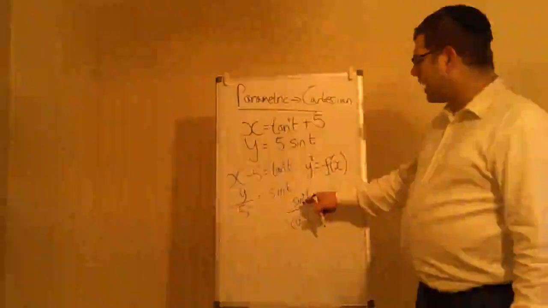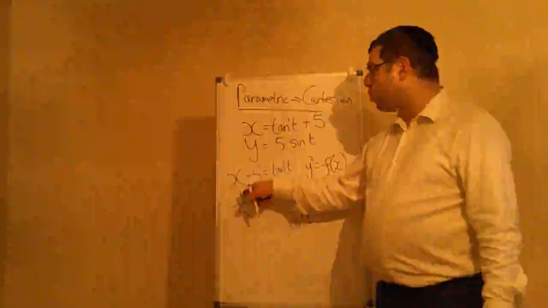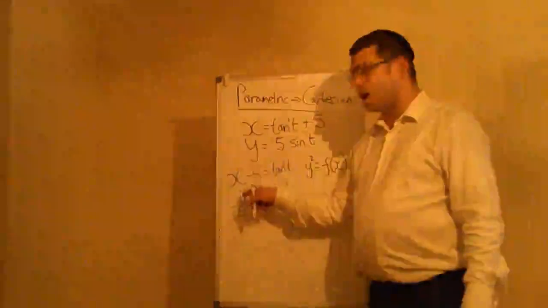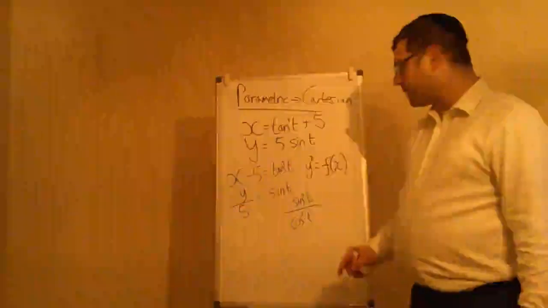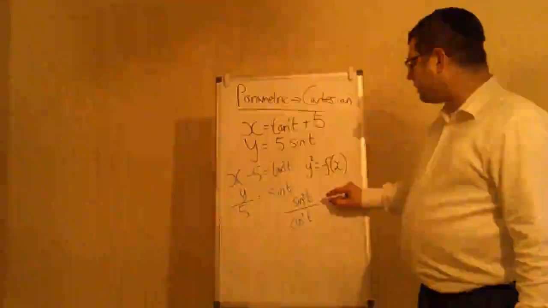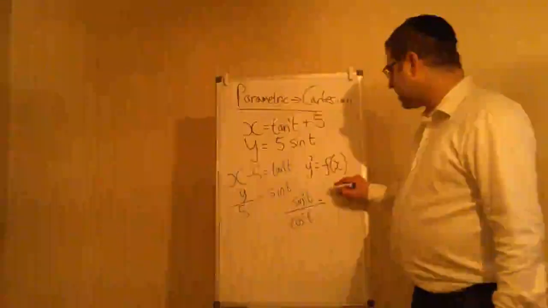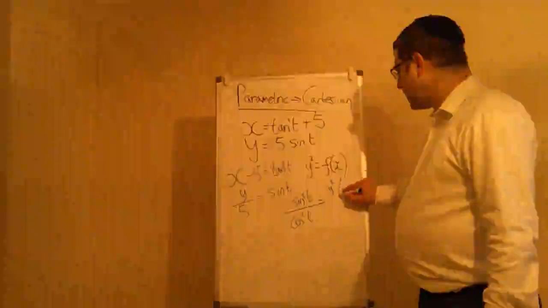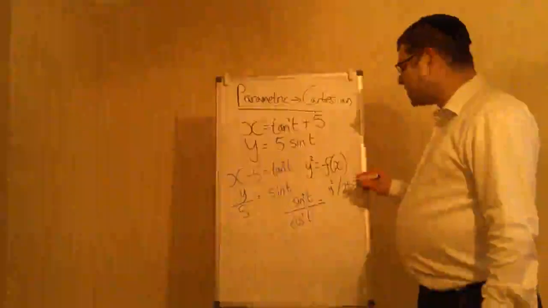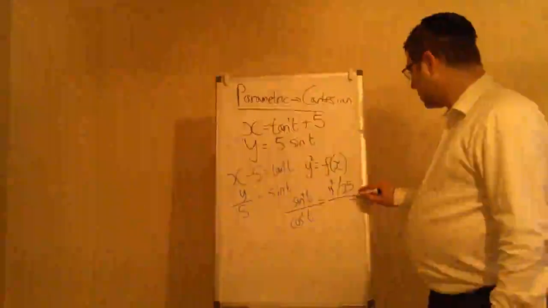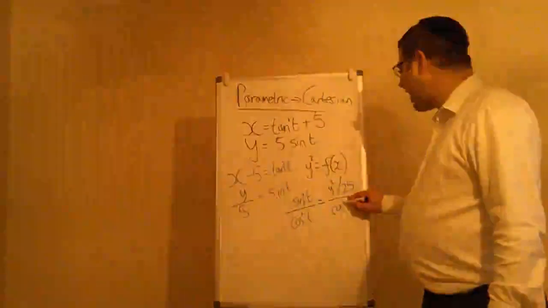And sine squared I could write, because sine squared is y squared over 25, square both sides. Which is good, because I need to get y squared in the answer. So sine squared over cos squared is y squared divided by 25. Cos squared, notice we don't have.